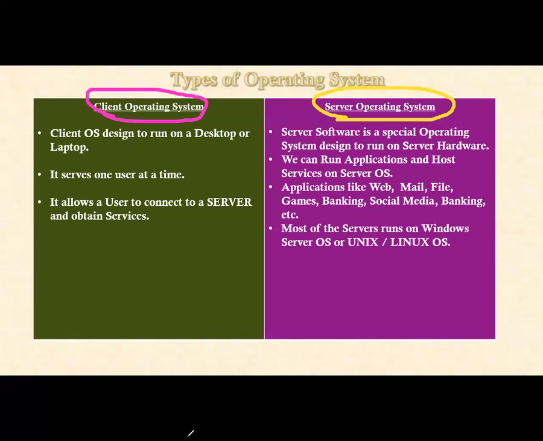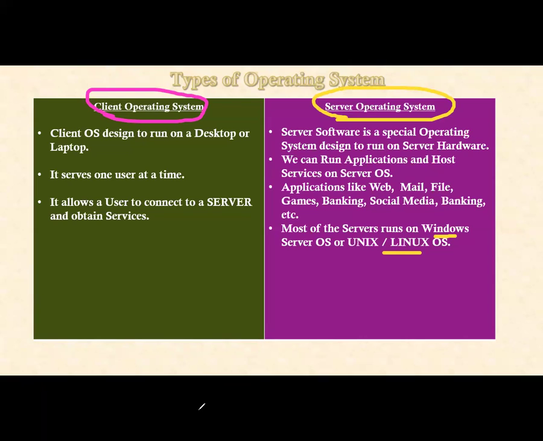Whenever we talk about operating systems, we talk about two companies: Microsoft Windows, and Unix or Linux. These are the two major companies that design operating systems.